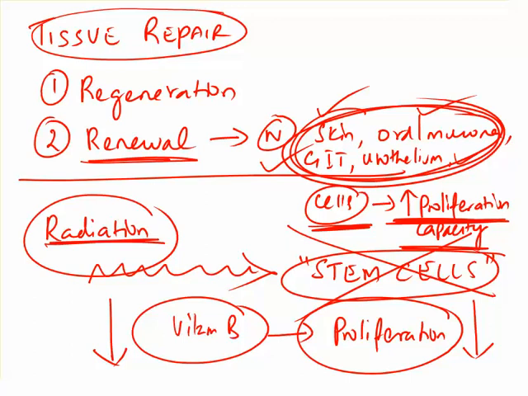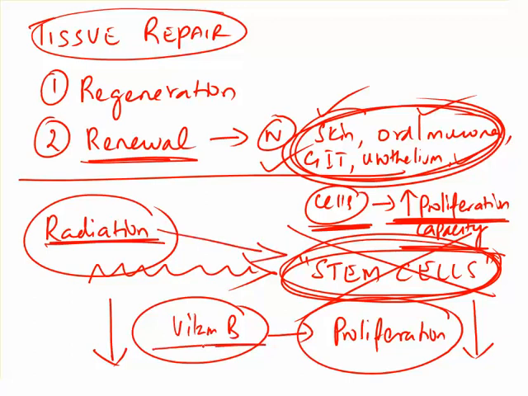And one more thing that is very important is they should maintain the stem cells needed for renewal. If radiation damages the stem cells or vitamin deficiencies affect the proliferation, this all leads to ulcer formation because it all affects the renewal process.